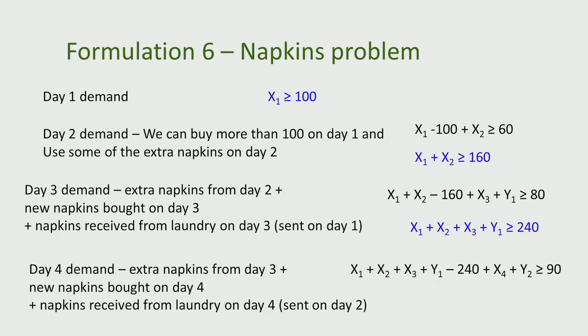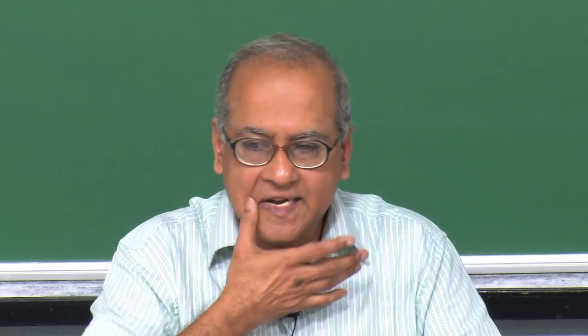So, if there is an excess, so x1 plus x2 plus x3 plus y1 minus 240 is what is carried from day 3 to day 4, which represents the extra napkins from day 3 to day 4. So, x1 plus x2 plus x3 plus y1, again repeating, is the number of napkins available for use in day 3. Now, that is greater than or equal to 240, and with that we meet the demand of day 3 in addition to day 2 and day 1.